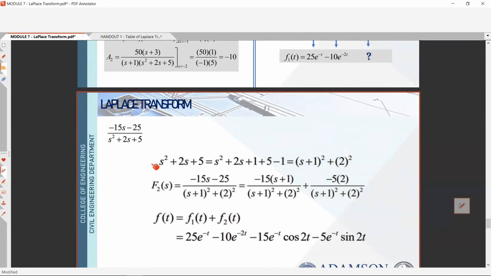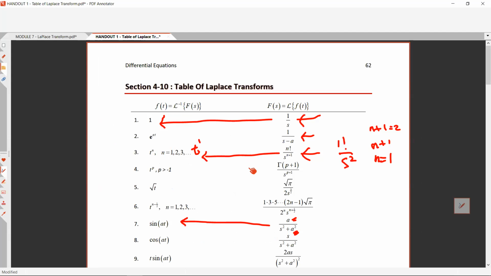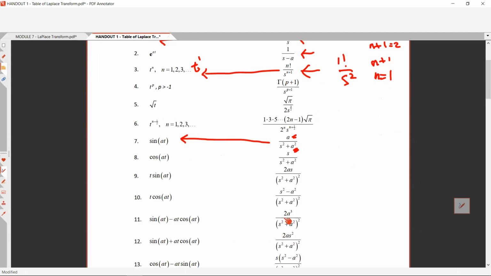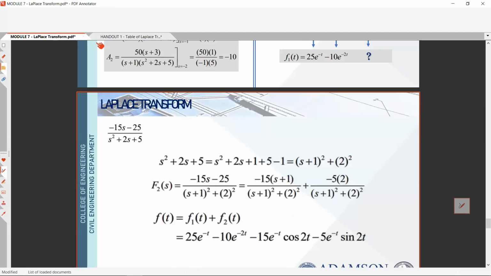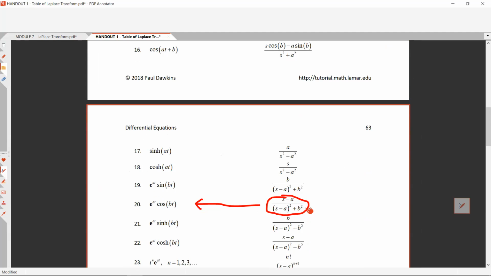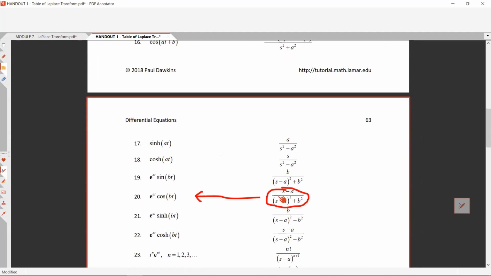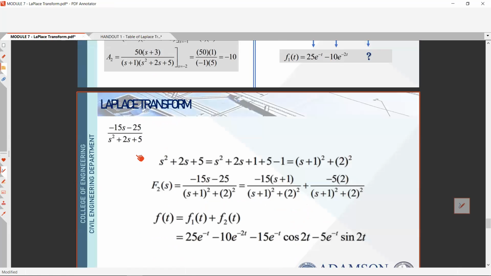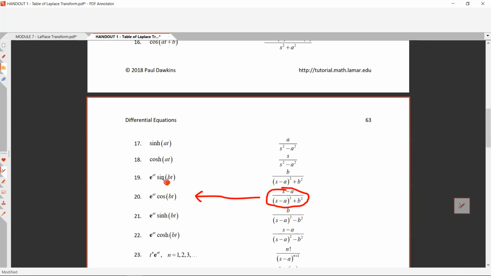To simplify negative 15s minus 25, because we want this one to go into e cosine 2t, like what we did earlier. The numerator is s minus a, and the denominator is (s minus a) squared plus b squared. So you need to transform, because the numerator has an s. It's not just a constant like e raised to negative at sine bt.